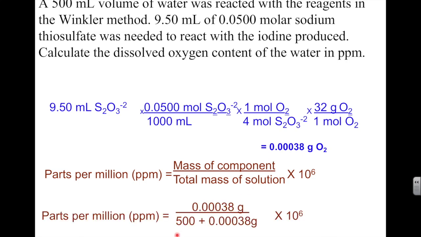You're supposed to do 500 plus 0.00038. You need to include the mass of the solute that you put in there, okay? It's a subtle difference, but it's necessary. We know that there's 500 grams of water here because we're assuming that 500 milliliters equals 500 grams. So we end up with 7.59 ppm.